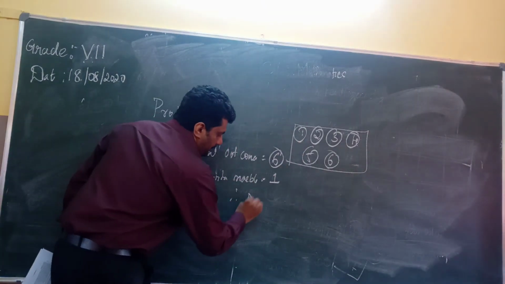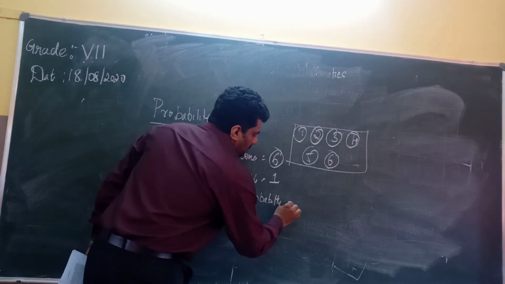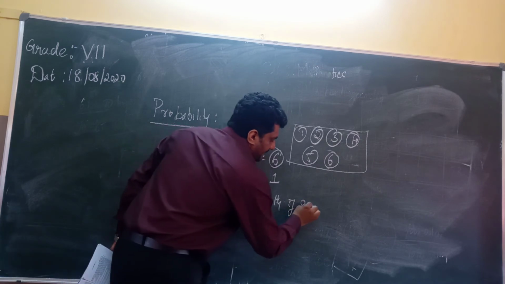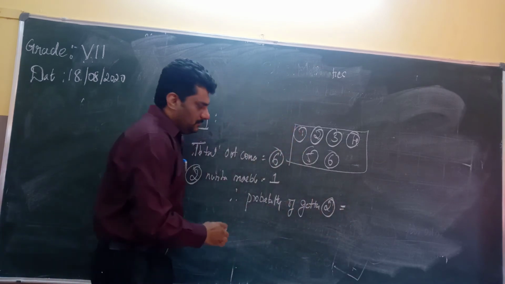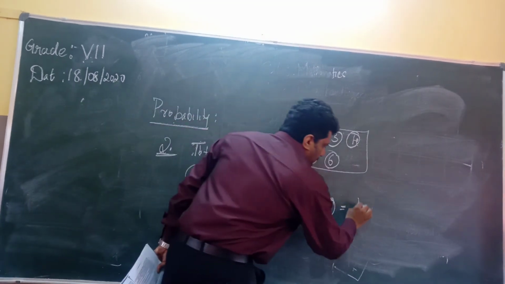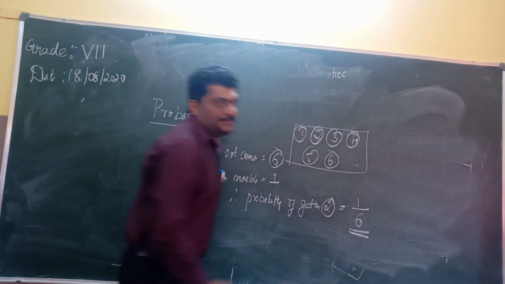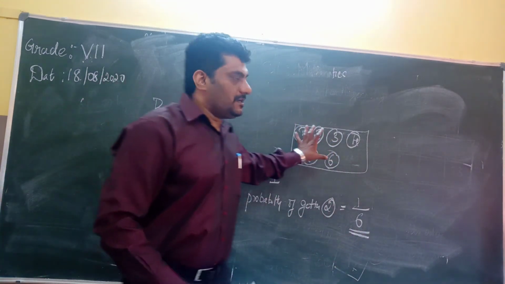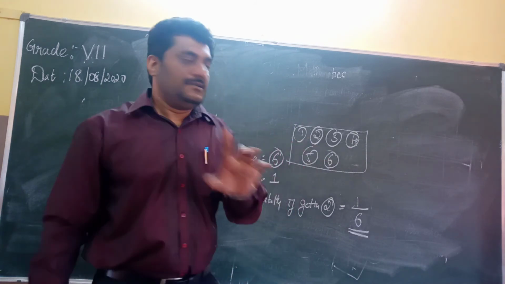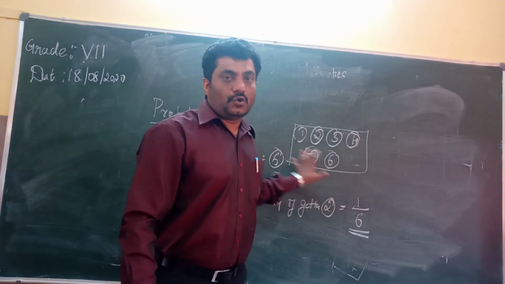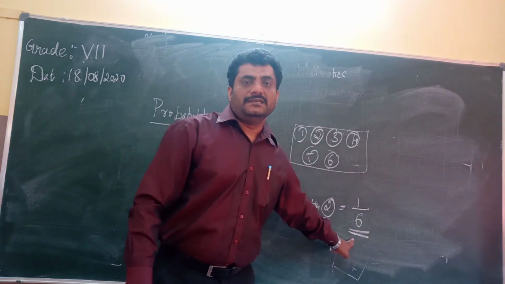Therefore, the probability of getting 2 is equal to 1 divided by 6. In this you have to check how many marbles of number 2 you have. You have only 1. Out of that, how many total marbles? It is 6. So the probability will be 1 by 6.